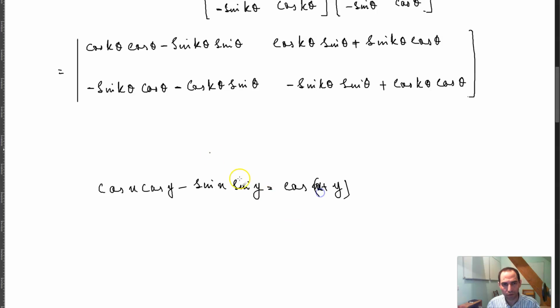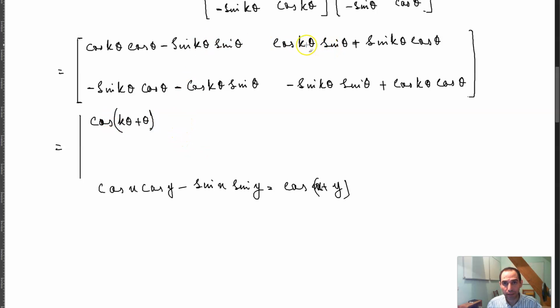So I can write this as cos of x plus y, meaning k theta plus theta. So that is the cos of k theta plus theta.